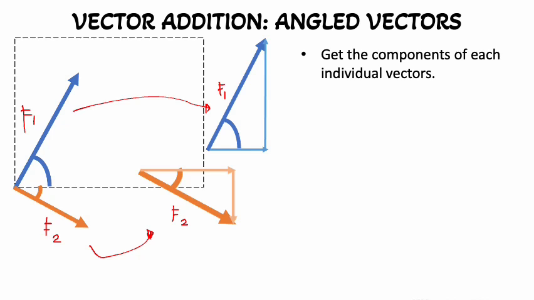So for F1, this is our x component, and this is the y component of F1. For F2, this is the x component and the y component is here.